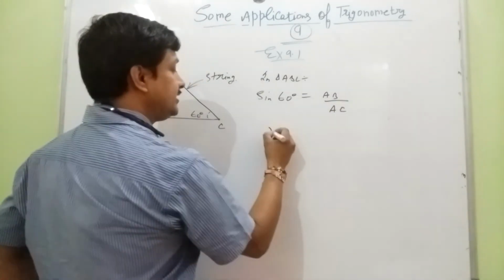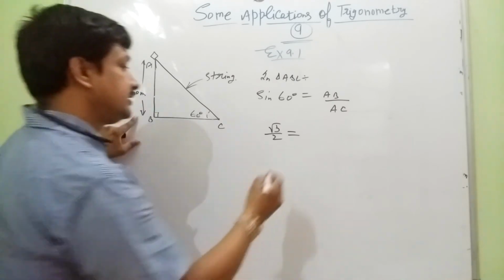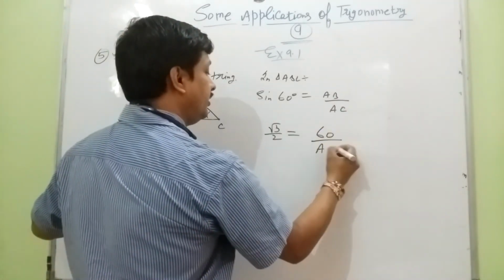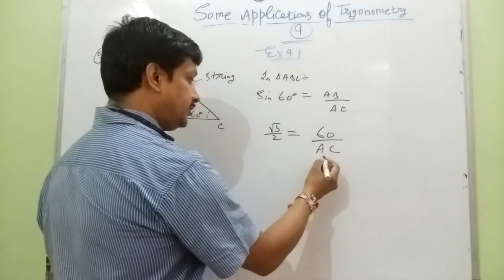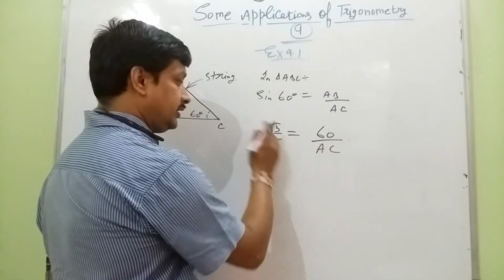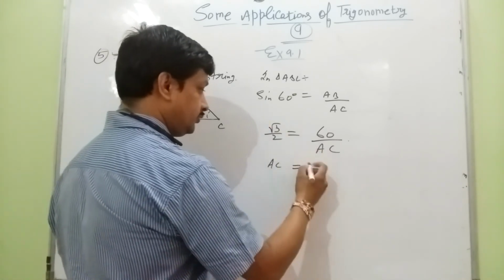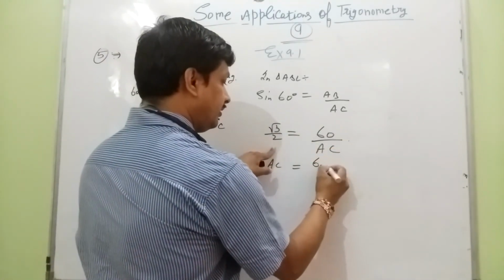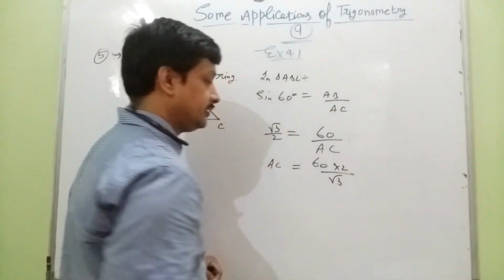Now you know sine 60 degrees is root 3 by 2. What is the value of AB? 60, and you want to find AC now. Just solve it. It's a very simple problem. Just cross multiply. You will get AC equal to 2 multiplied here and root 3 going in division.